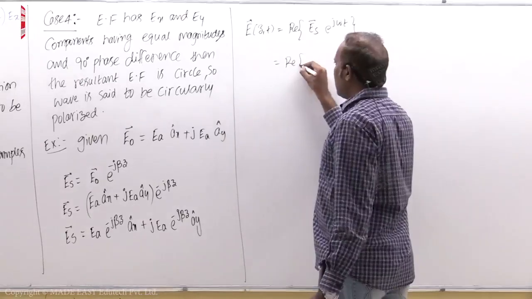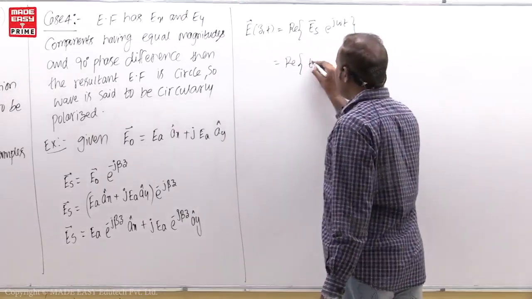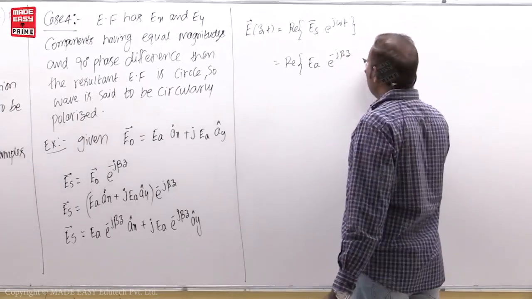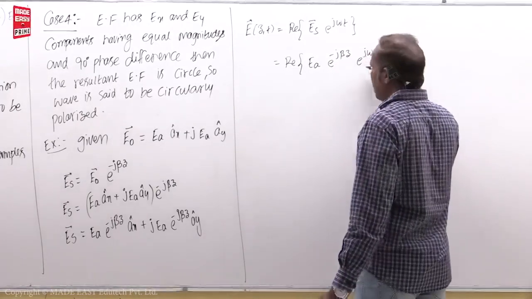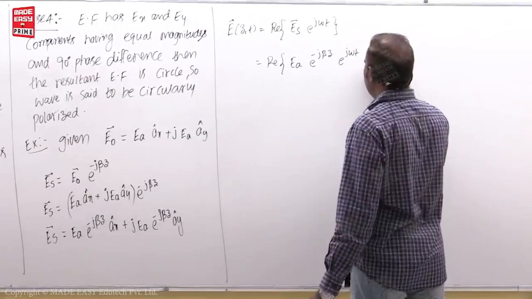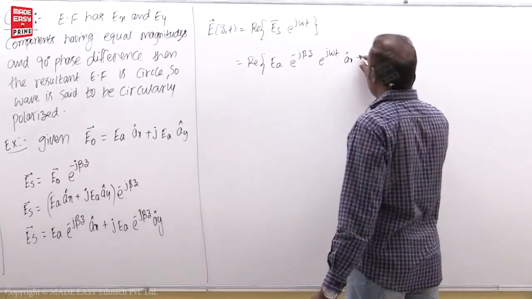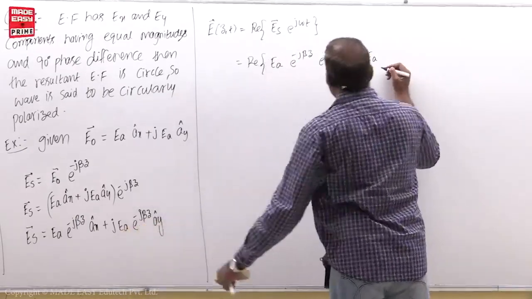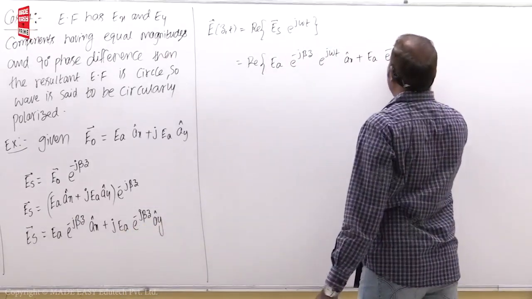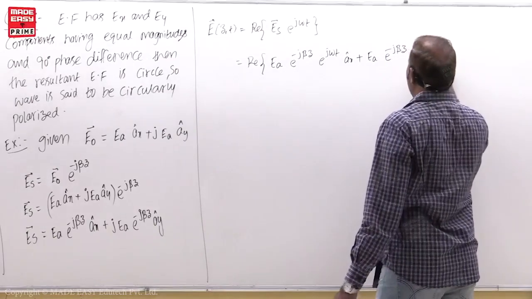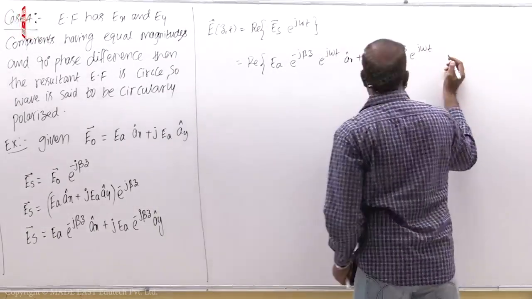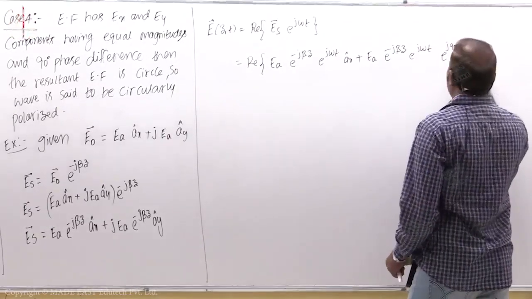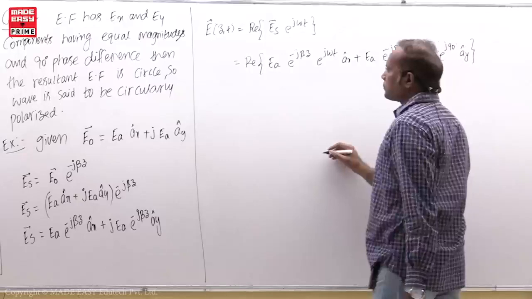That is the real part of EA e power minus j beta z e power j omega t ax plus EA e power minus j beta z e power j omega t, with j written as 90 degrees, ay cap.